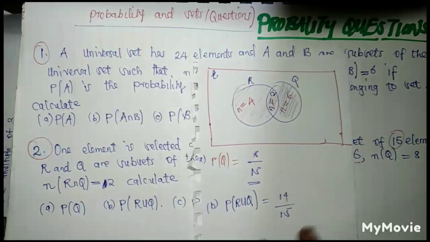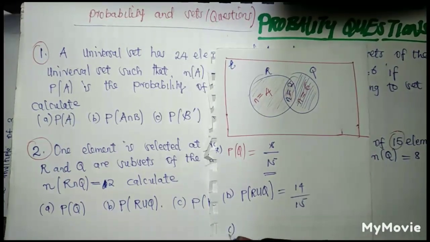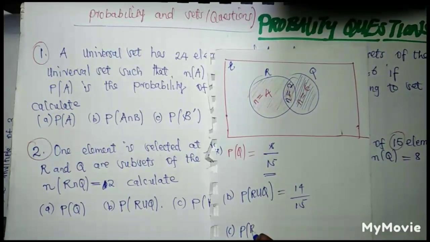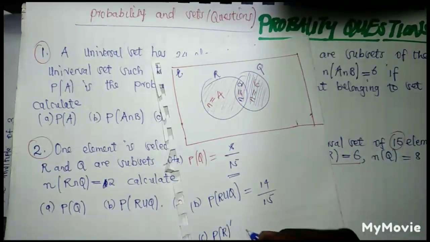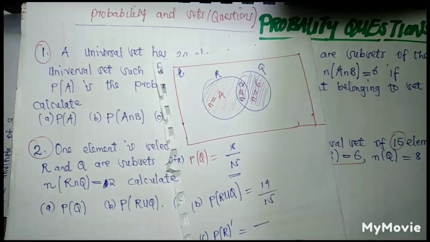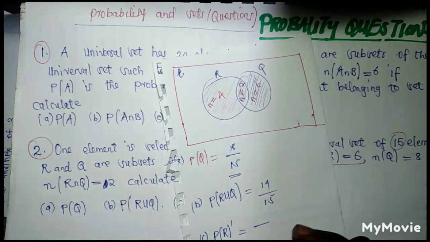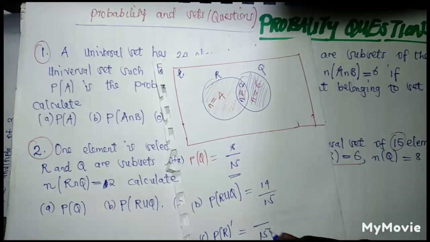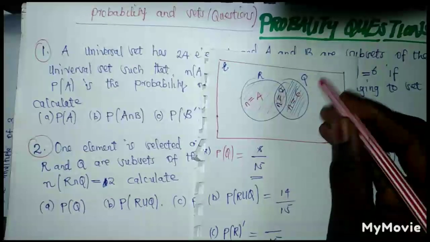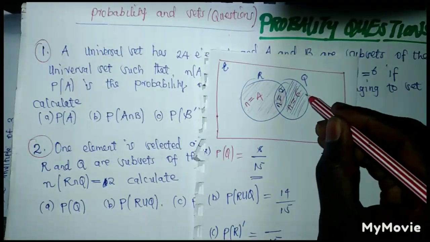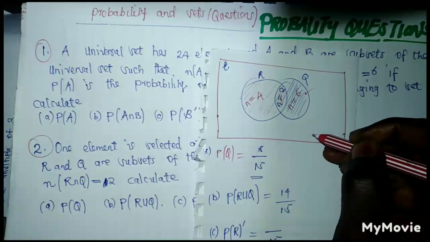All right, and then C, the probability of getting an element outside R. This would be out of 15 possible outcomes. The ones that are outside R, we will consider 6 here.